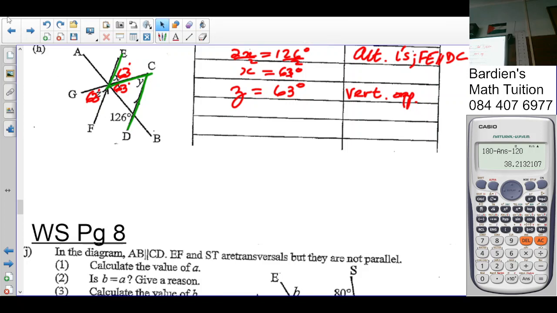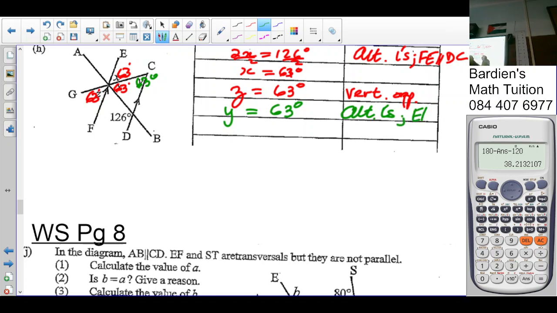Okay. So Y is equal to 63. And the reason there is alternate angles with EF being parallel to CD. Okay.